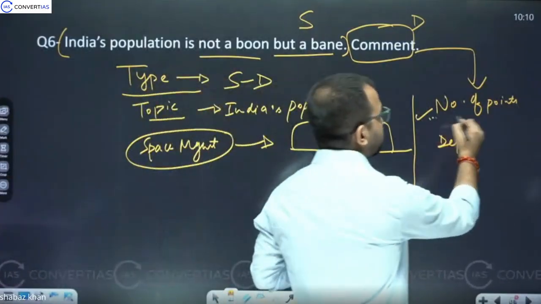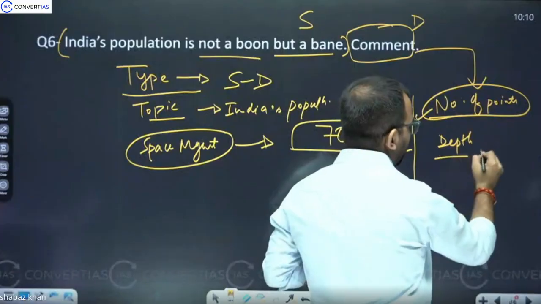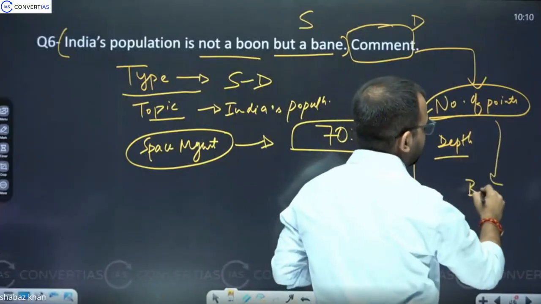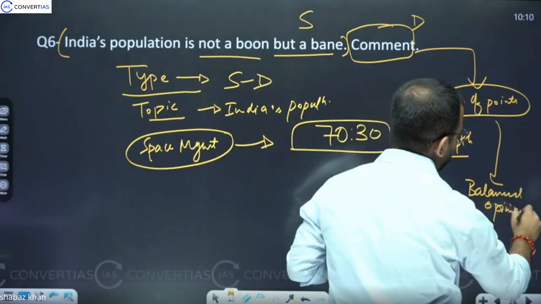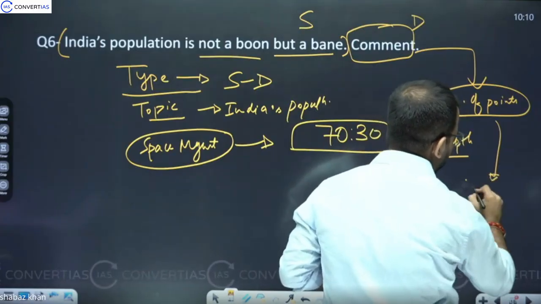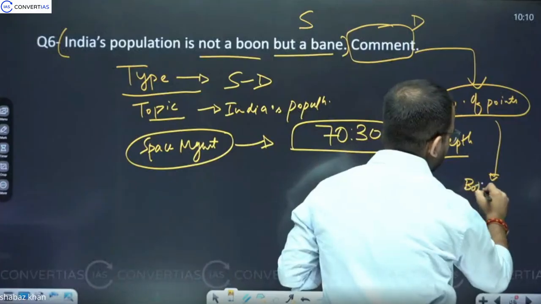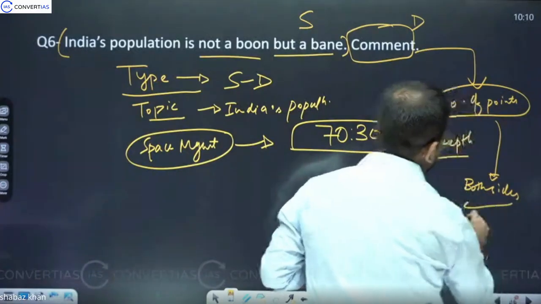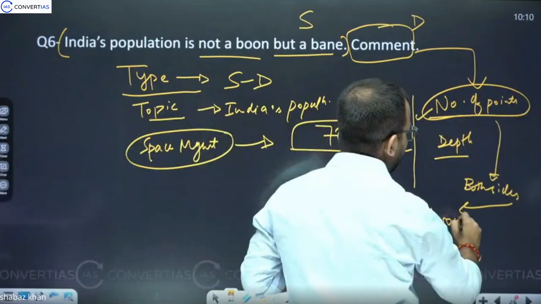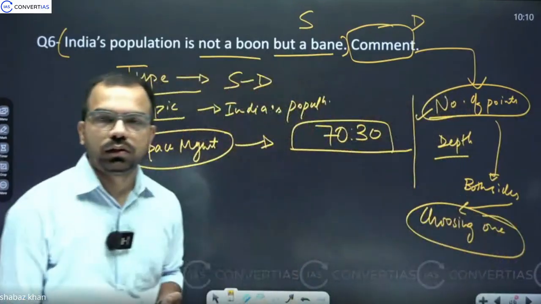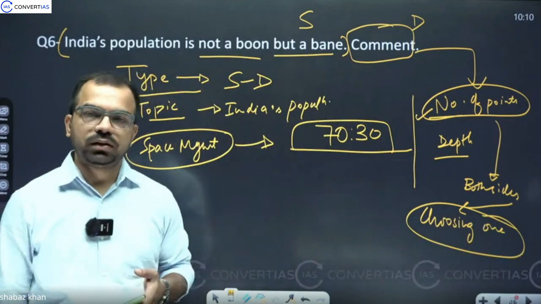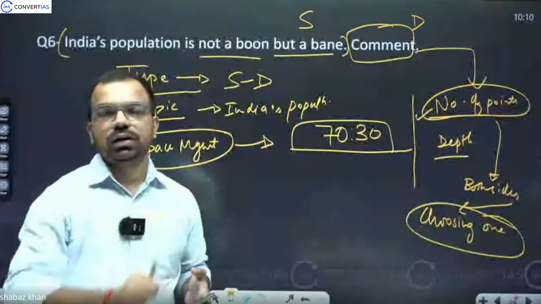The focus is number of points, giving a balanced opinion. Okay? Not a very balanced one, but giving both sides, choosing one in the last. This is the directive of comment. Giving both sides, choosing one in last. Okay?